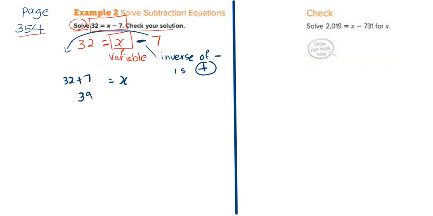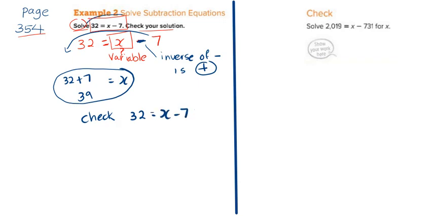And we are now going to check, is x equal to 39? To do the check, we are going to rewrite the question. The question was 32 equals x minus 7. Remember the question. Now in place of the x, we are going to substitute the value that we found, this 39, and test: what is 39 minus 7?